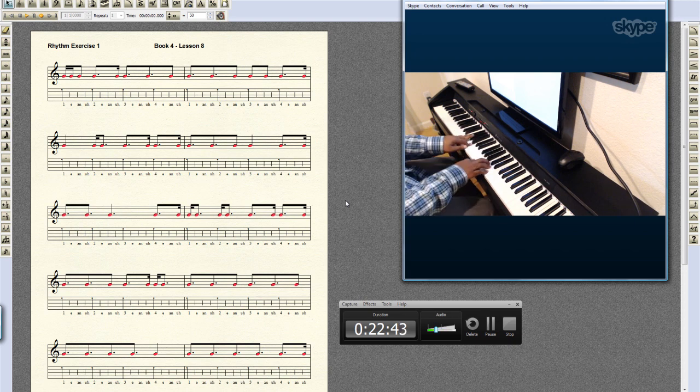It's a tough one. 2. Just do that one measure. Do that one measure right there. 1, 2.